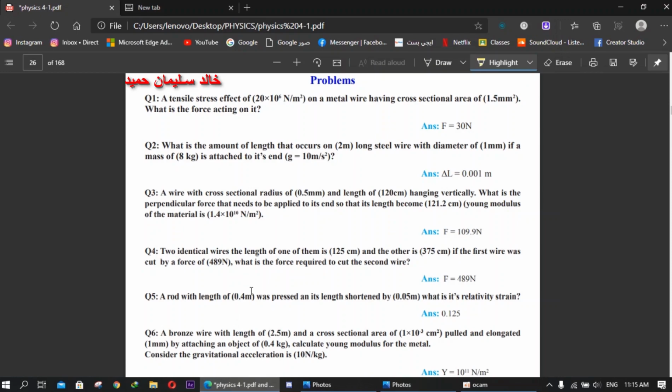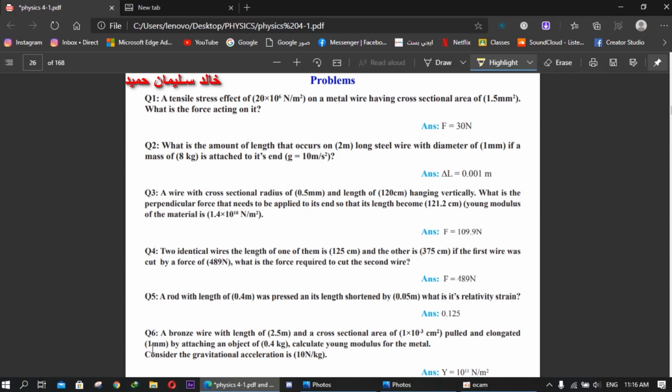The other problem that we are going to solve is problem number 6. A bronze wire with length of 2.5 and a cross-sectional area of 1 times 10 to the minus 3 square centimeter, pulled and elongated 1 millimeter. All these numbers must be converted.